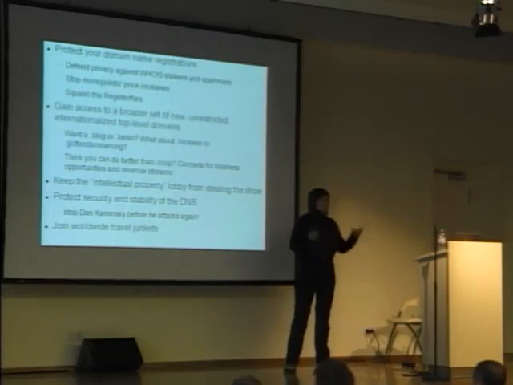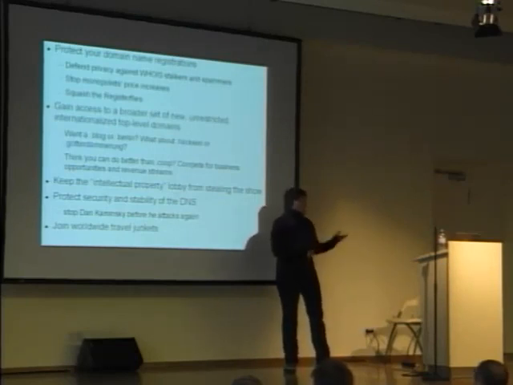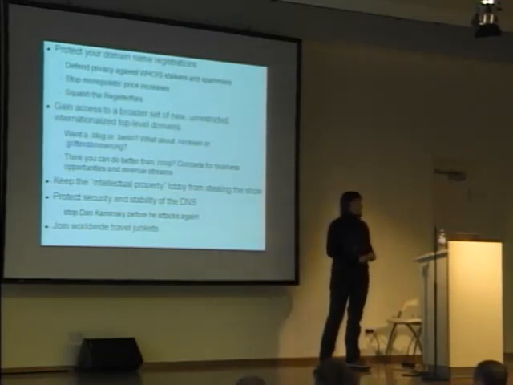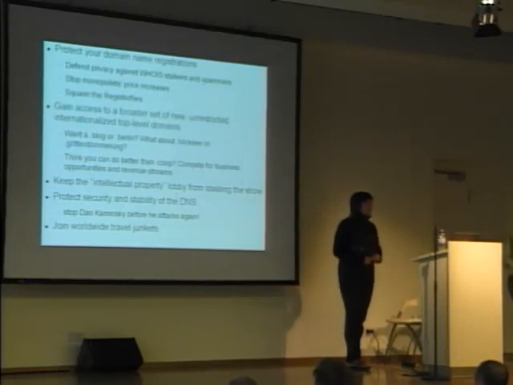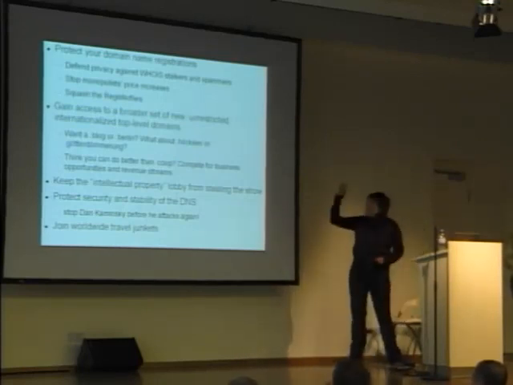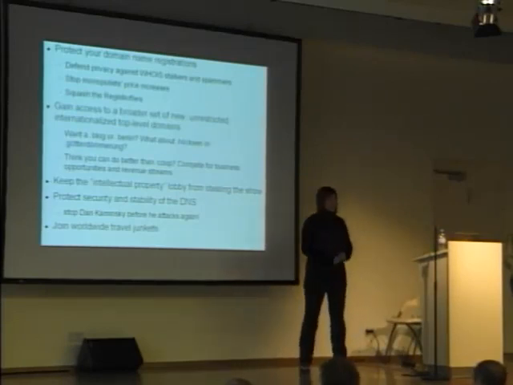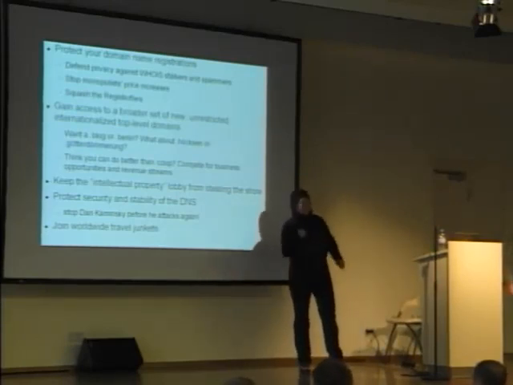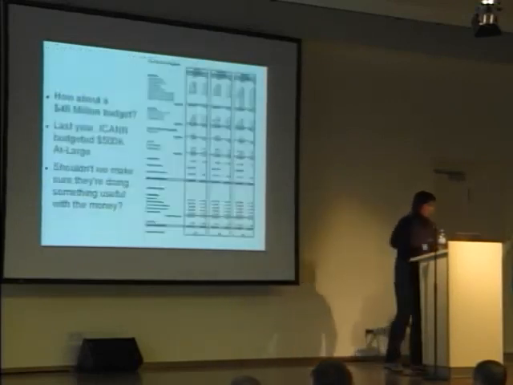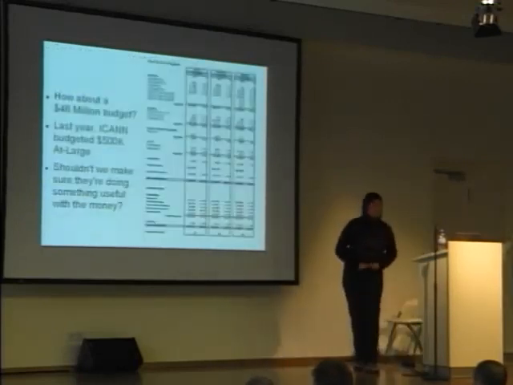But here in this nice building, last night you could listen to Dan. And so we have to protect the domain name system from Dan Kaminsky. And if that did not convince you yet to say, hey, yes, I have to do something about it, well, there's another proposal. What about a budget of 46 million?